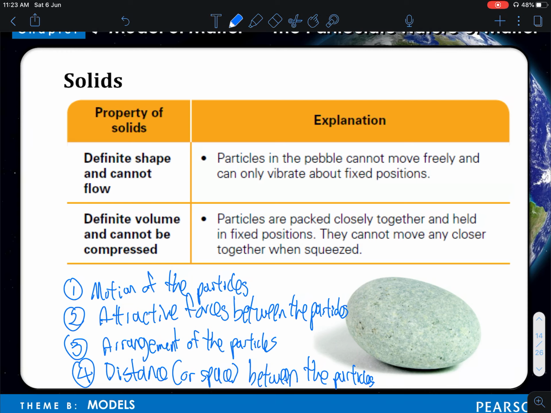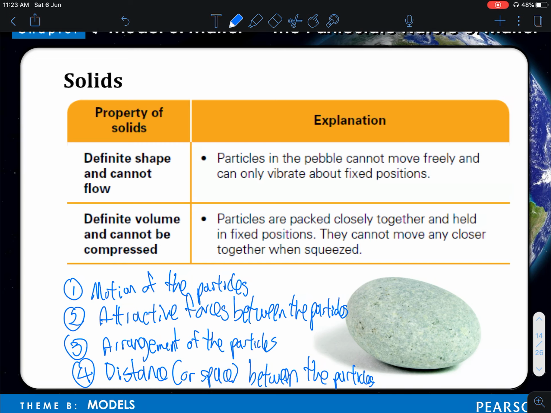So in the exam, it is very good if you are able, within your 2 marks, to explain all these points with respect to the question being asked. And this will ensure that you score better, like you give a better answer. So in this case, let's say definite shape and cannot flow is that the particles cannot move freely and can only vibrate about their fixed position. So using this, you have already answered motion, you have already answered arrangement. But how to enhance your answer?